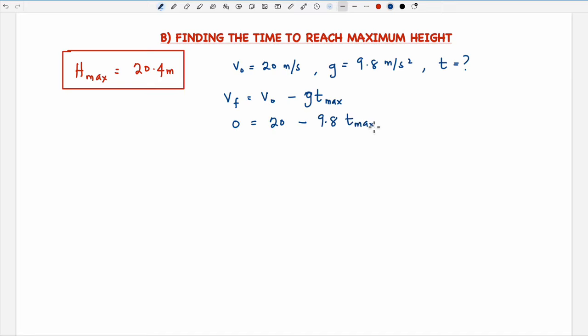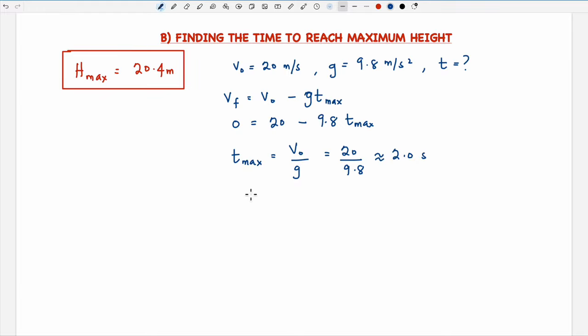So all we need to do here is to find t max by isolating t max. Generally, t max would just be that initial speed divided by g. So plugging in our values, we have 20 divided by 9.8 meters per second squared. And that should give us about 2.0 seconds.